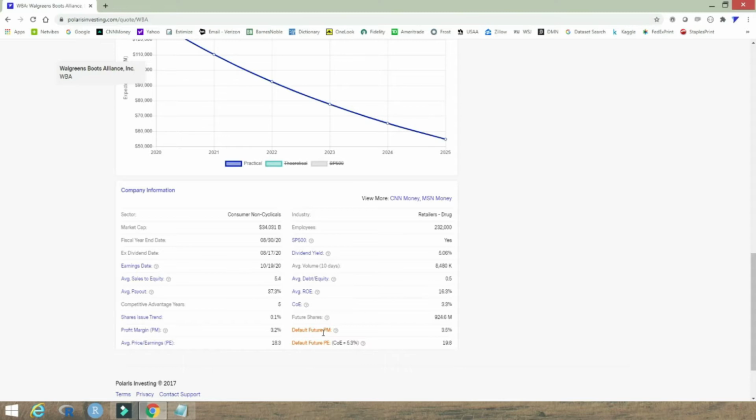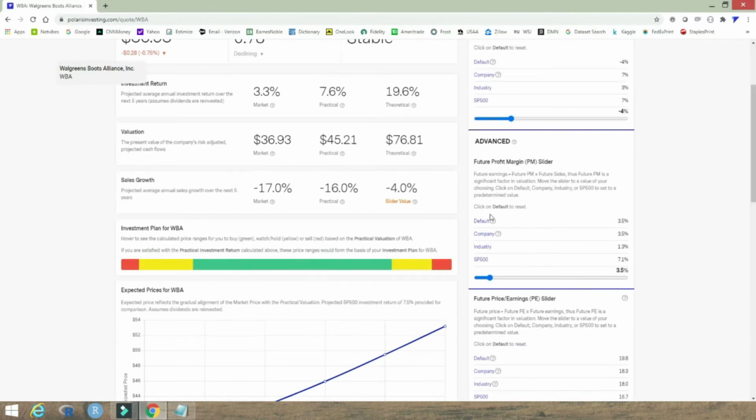It also restates the default future profit margin and default future PE multiple that are associated with the new sliders, namely up here, this default value for future profit margin and this default value for price earnings multiple.